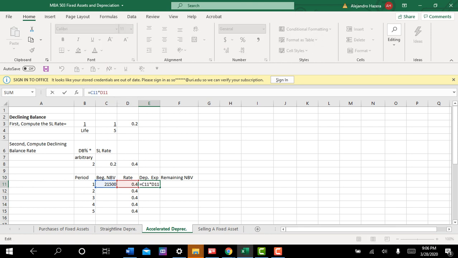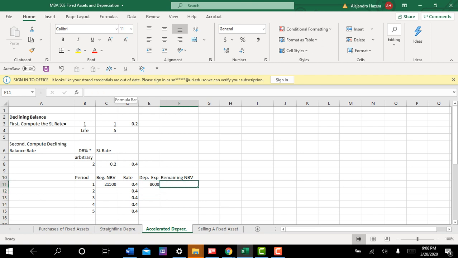Your depreciation expense is net book value times the rate, and our remaining net book value is just the beginning net book value minus your depreciation expense for the year. So your remaining net book value is 12,900.